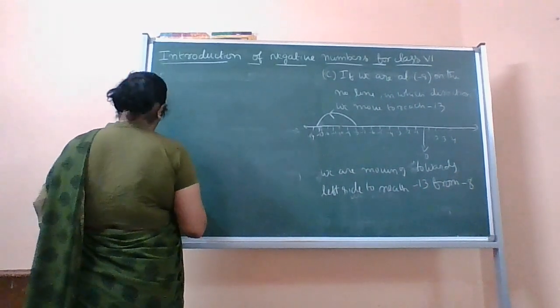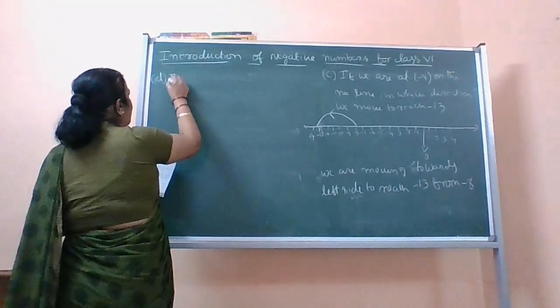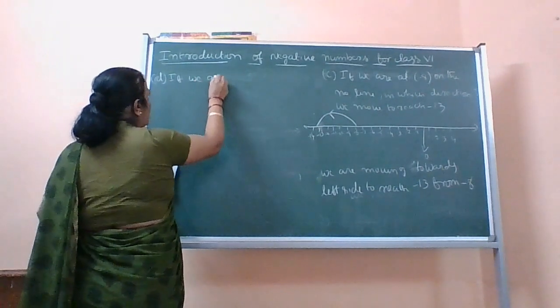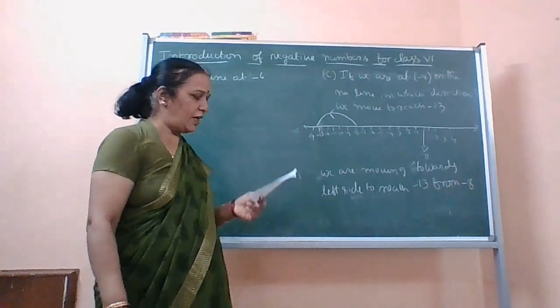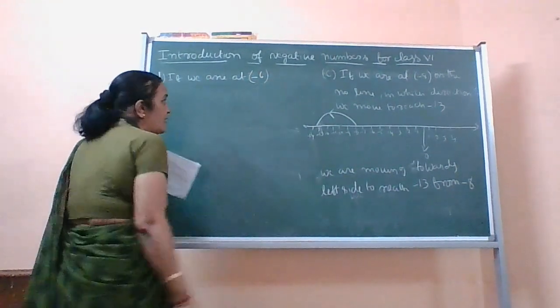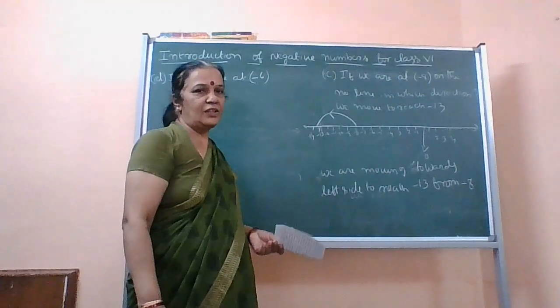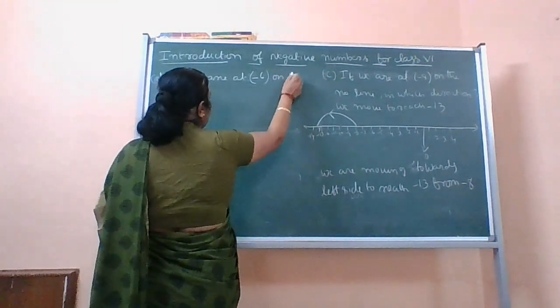That means if we are at -6 on the number line, whenever there is minus, write the number within the bracket on the number line.